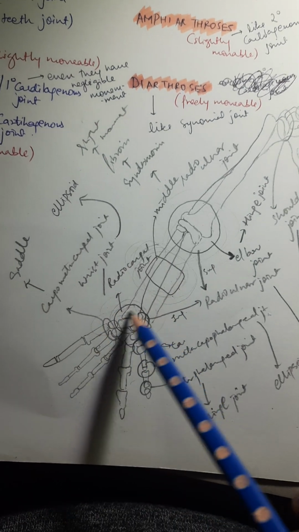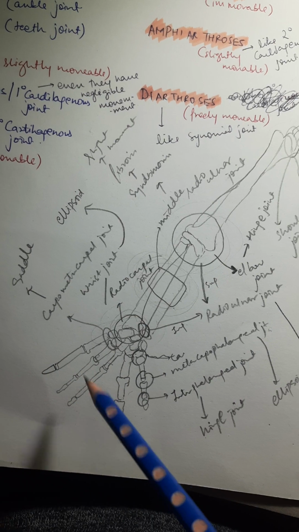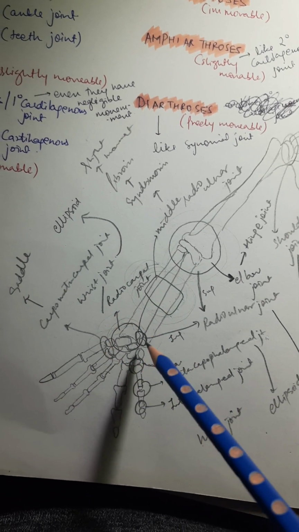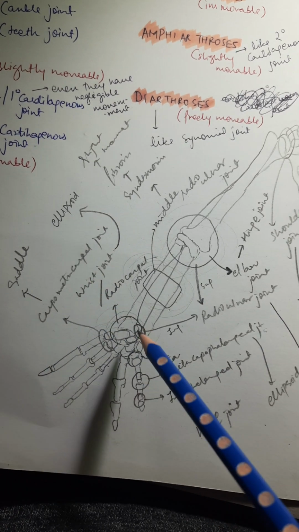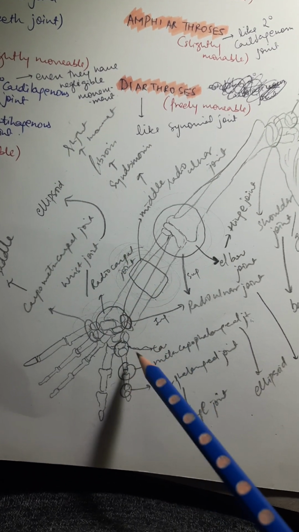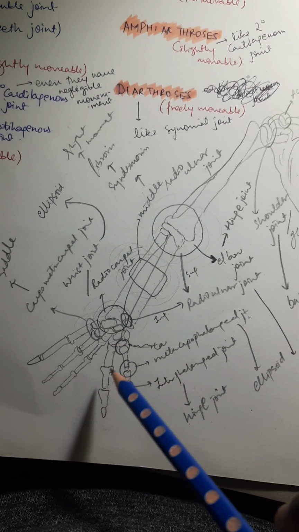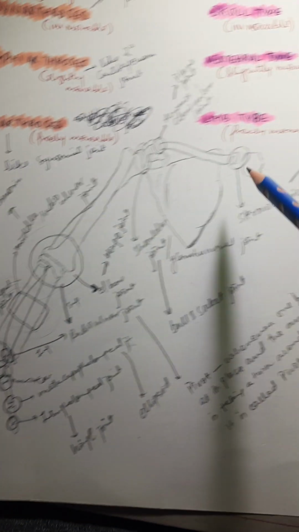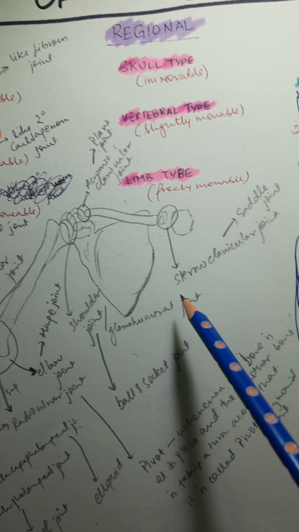Then over here we have our carpals, metacarpals, phalangeal digits. So this is the wrist joint, radiocarpal joint, or wrist joint as we call it. Over here we have carpometacarpal joints. Then we have metacarpophalangeal joint, interphalangeal joints.